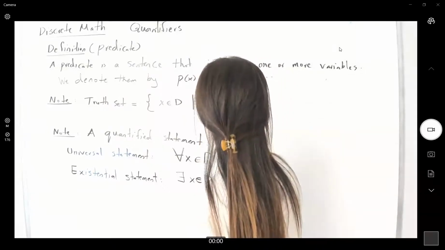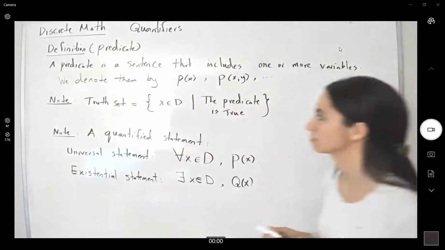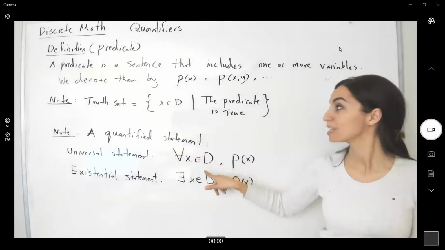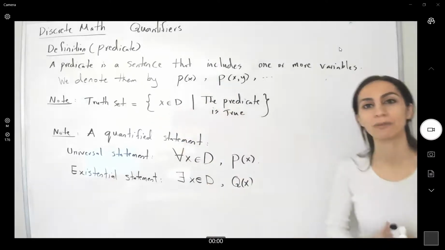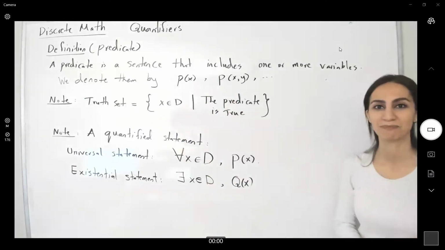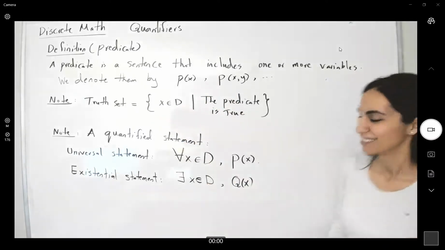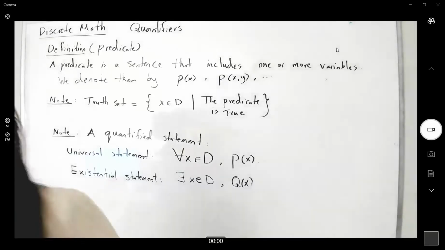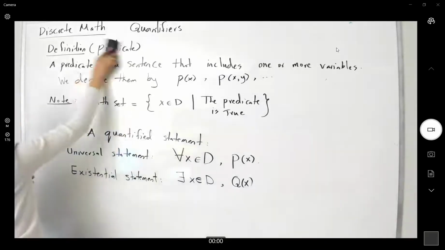So note that we talk about domain, we talk about the predicate, and we talk about the truth set. Well, give us an example.